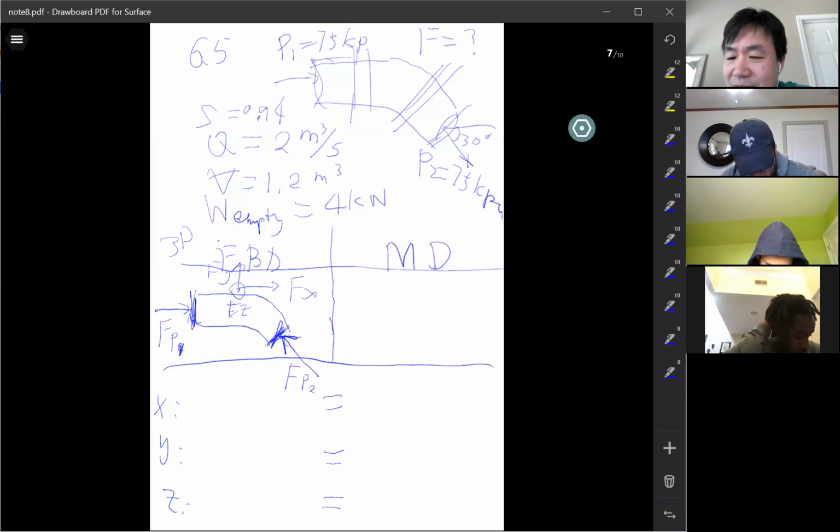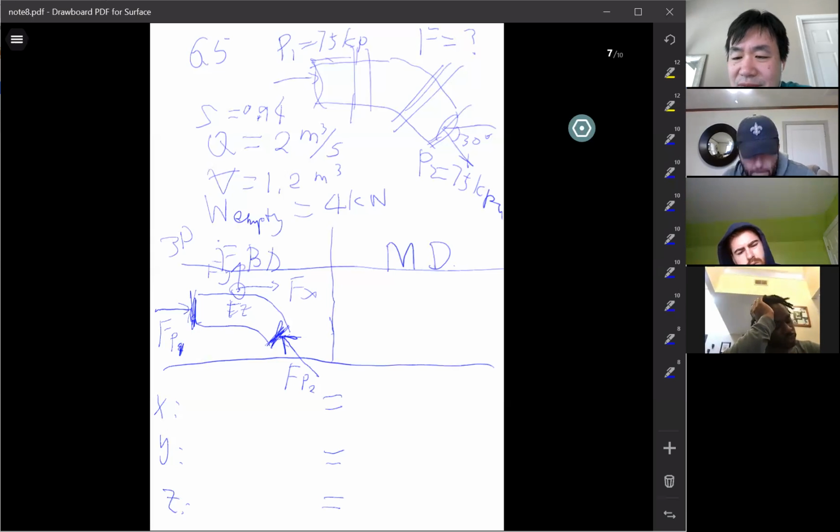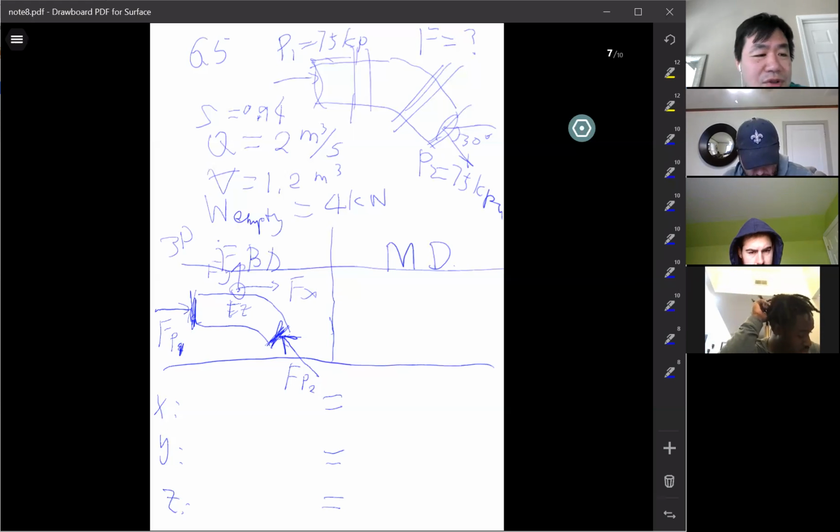Whatever the flow direction is, it's independent. The pressure force is always towards the surface. If you draw this wrong, you will not be able to solve this problem at all. Any other forces?